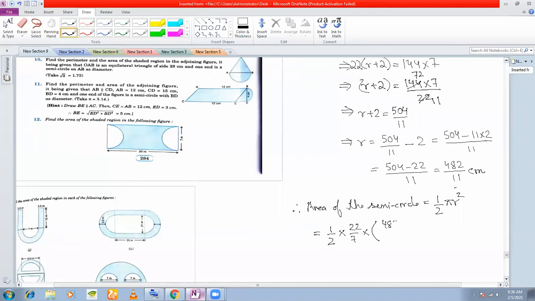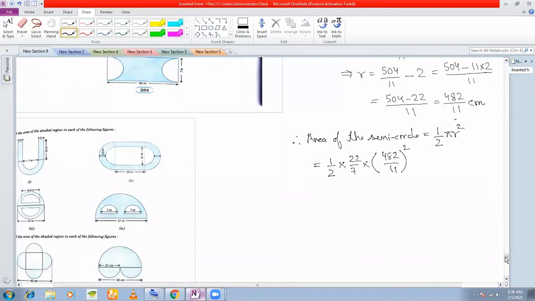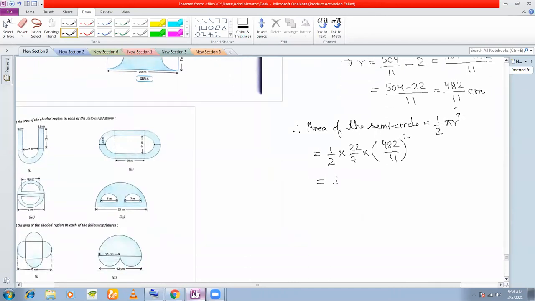So (482 by 11) square. So now this is half into 22 by 7 into 482 by 11 into 482 by 11.